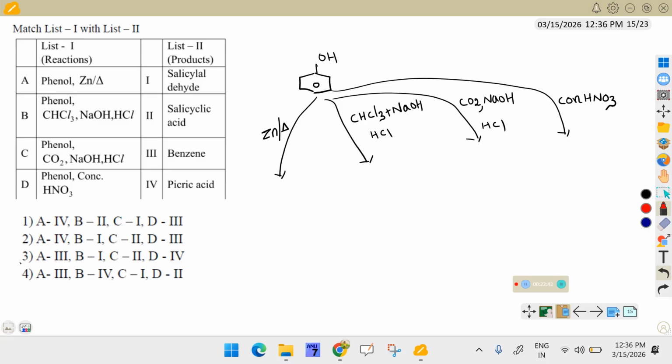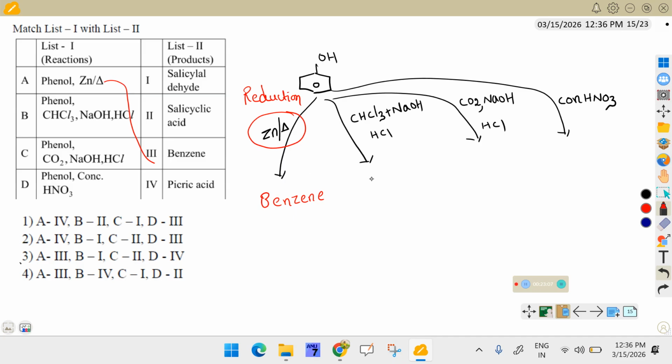Next question: phenol reacts with zinc dust. This is a reduction process and it gives benzene as a product. Phenol reacts with chloroform and NaOH.